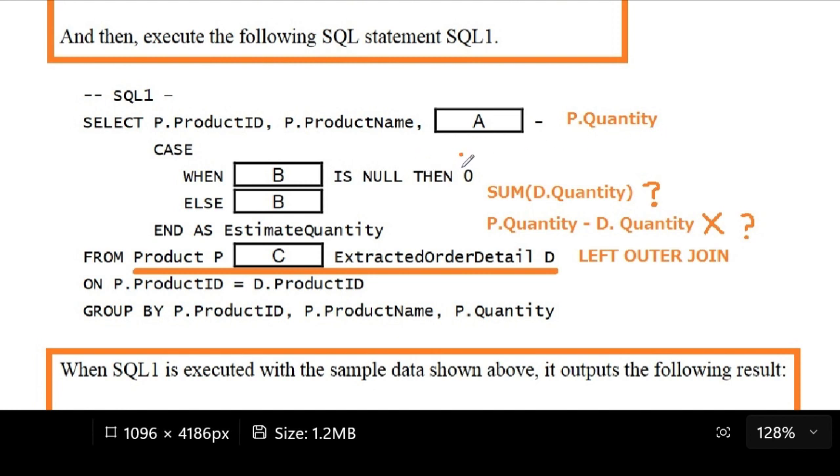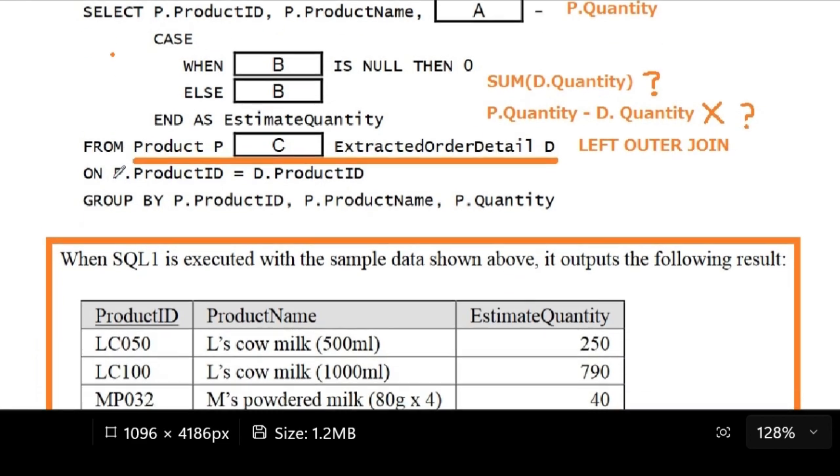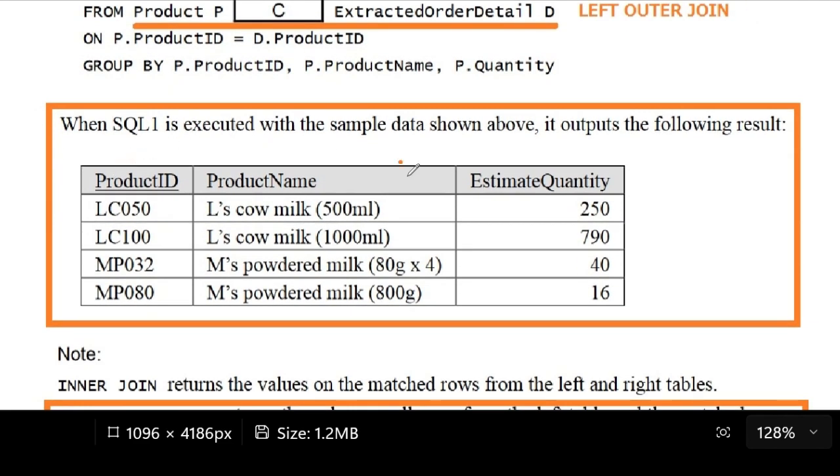The way to figure that out is to look at the resulting table, because this sub-question is also accompanied by a resulting table once we execute this SQL command. If we look at it now, it says here that we got product ID, product name, and estimate quantity as part of the result.